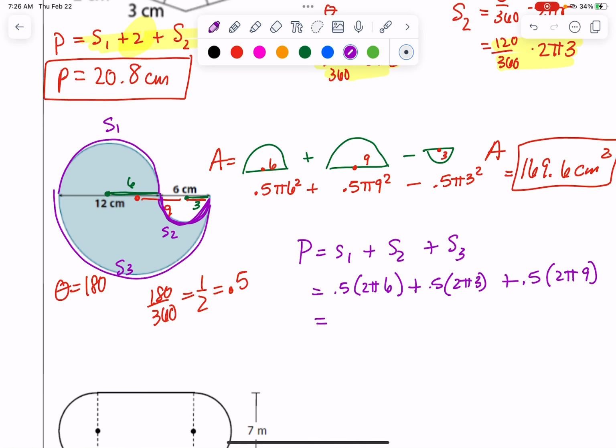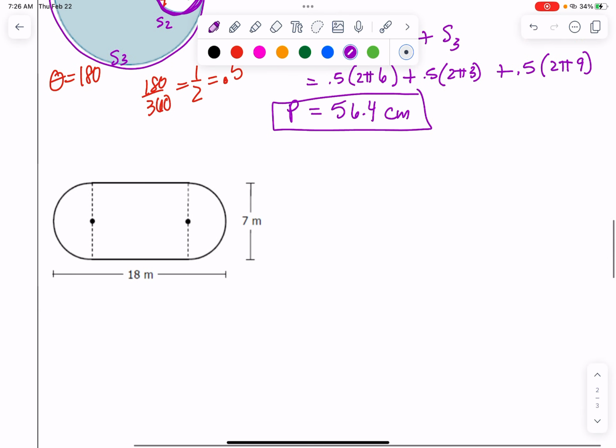I put that in all at once and get that my perimeter is 56.4 centimeters. Not hard. It just takes some understanding of what you're doing, and then you're just adding them all together.